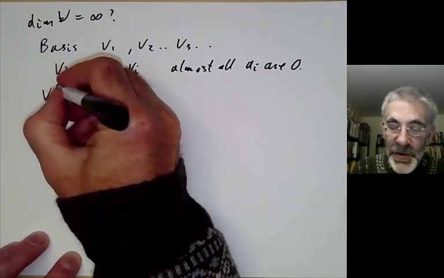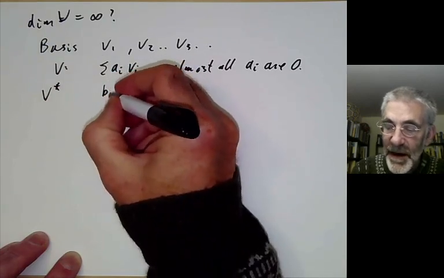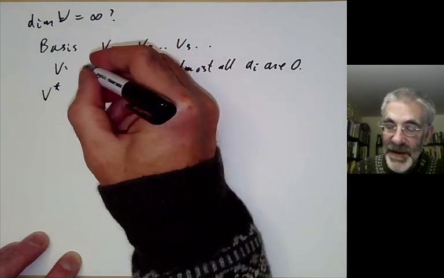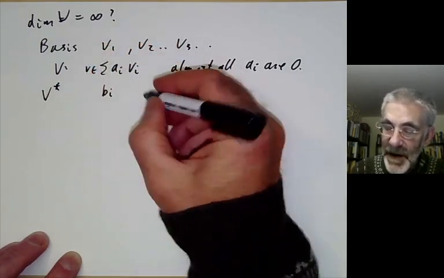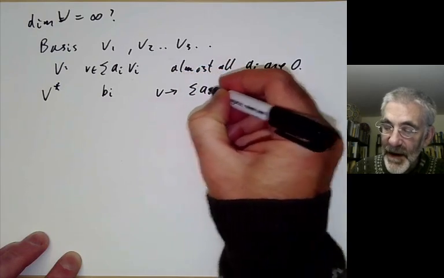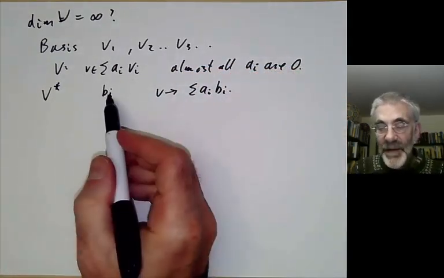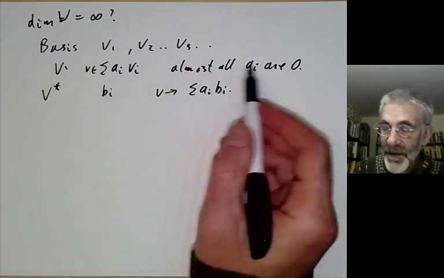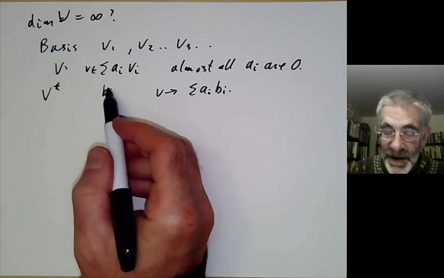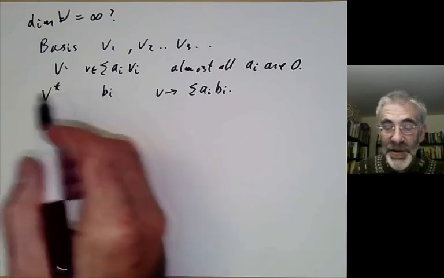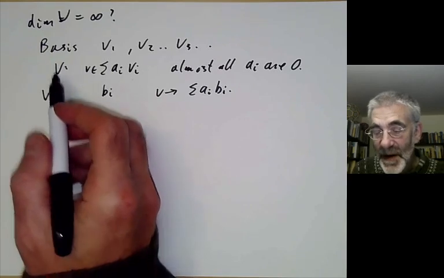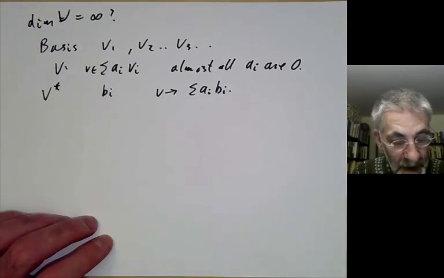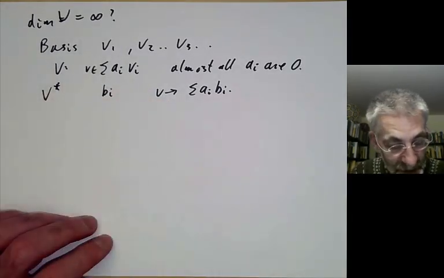Well, elements of the dual of V consist of sequences b_i where an infinite number can be nonzero, and this maps an element v of V to the sum of a_i b_i. However, the space of all sequences where the b_i's don't necessarily have to be all 0 is of uncountable dimension. So the dual of V is very much bigger than V, at least in general.